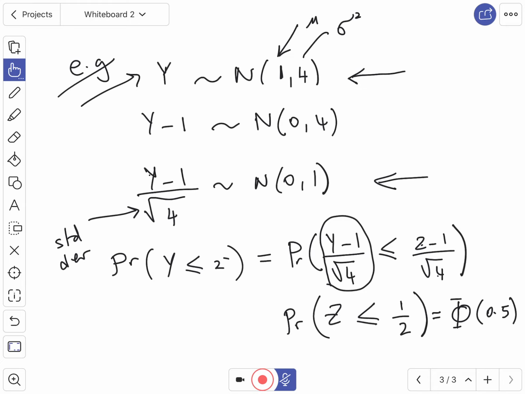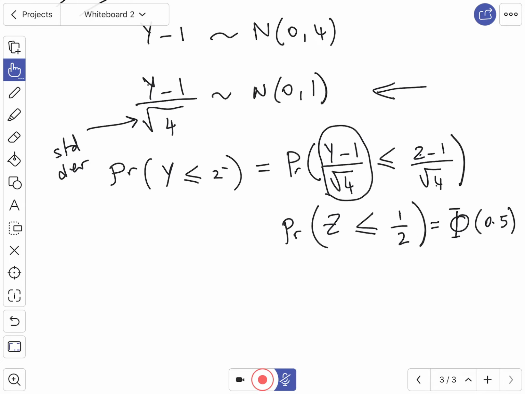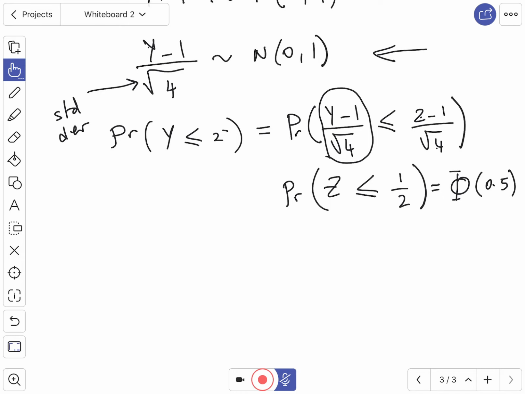So the standard normal table, which is on the back of your textbook, it's a table, right? Some textbooks call it the Z table, but I prefer to call it the standard normal table.